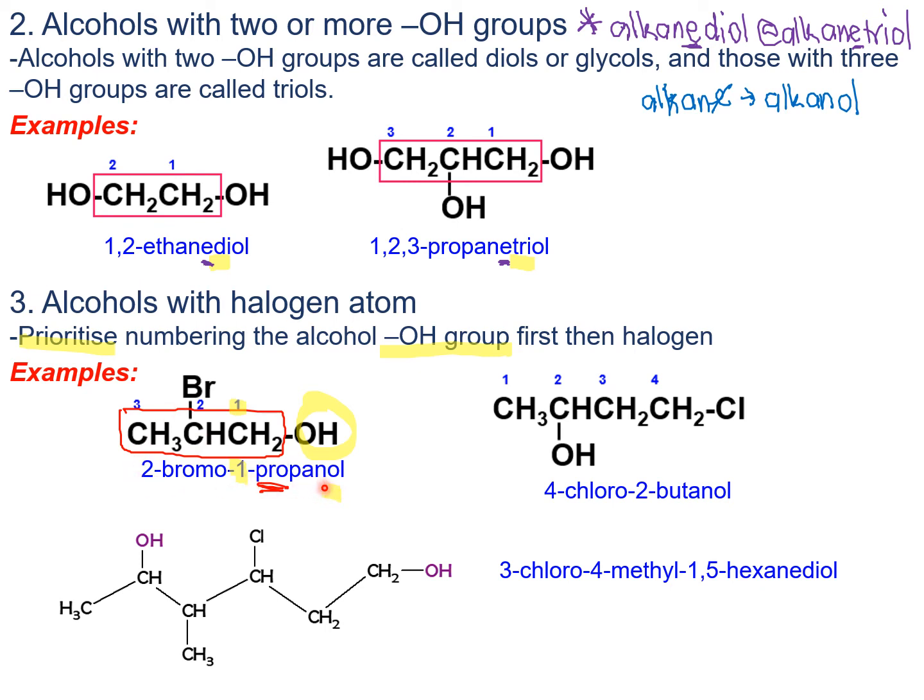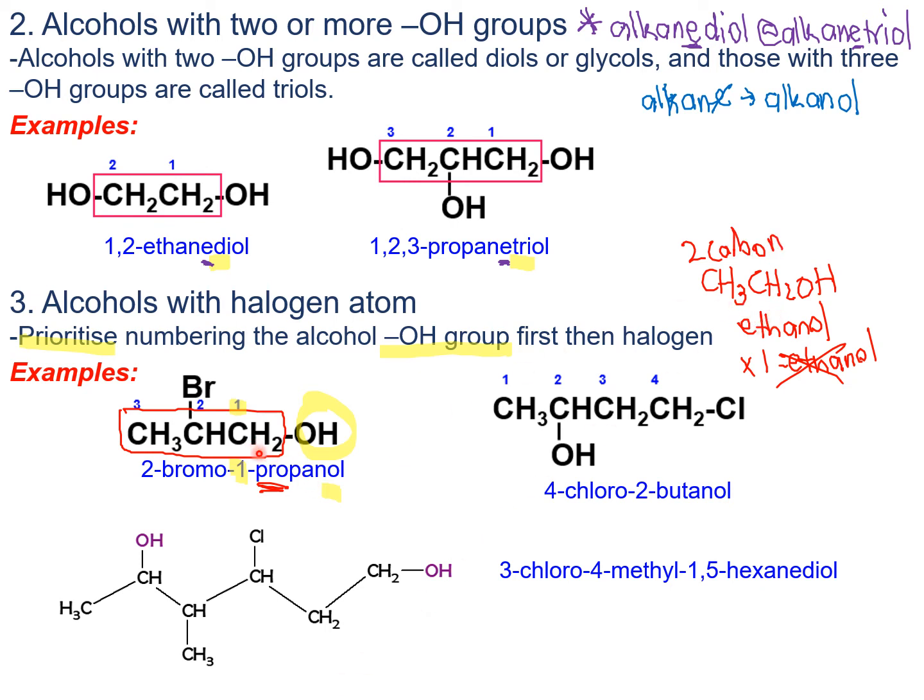So number 1, carbon number 1 has the OH. From the previous slide, you have CH3CH2OH, for example.